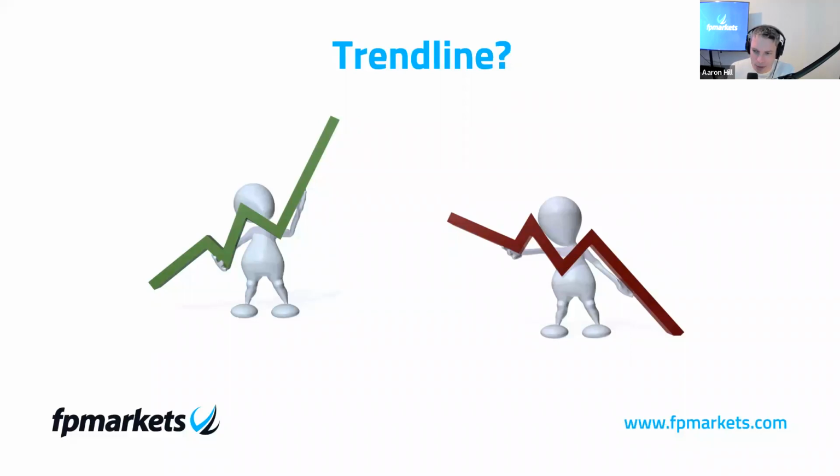And death crosses. Now, a death cross is when the 50-day simple moving average crosses below the 200-day simple moving average. And as I'm sure you can imagine, it indicates a market that's potentially gearing up for a longer-term downtrend.